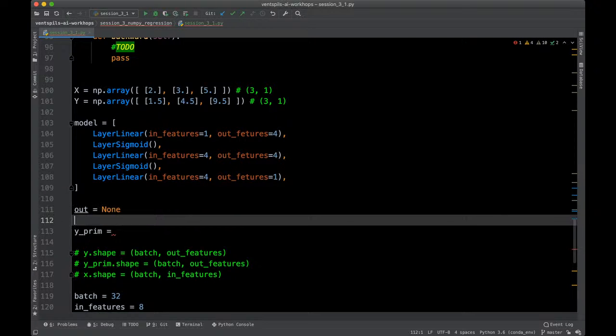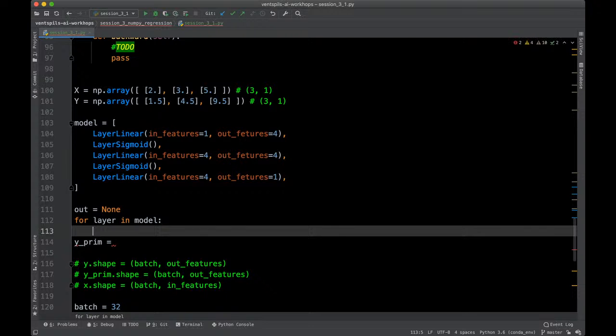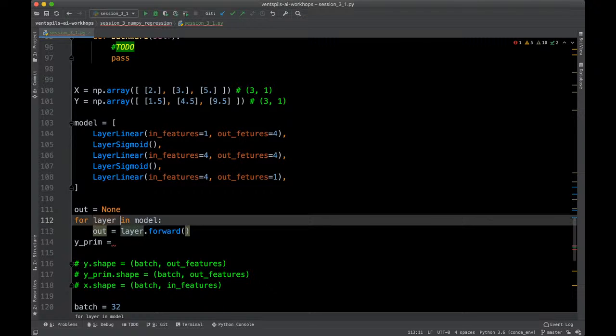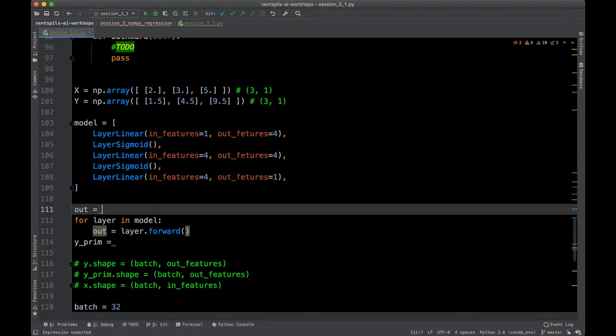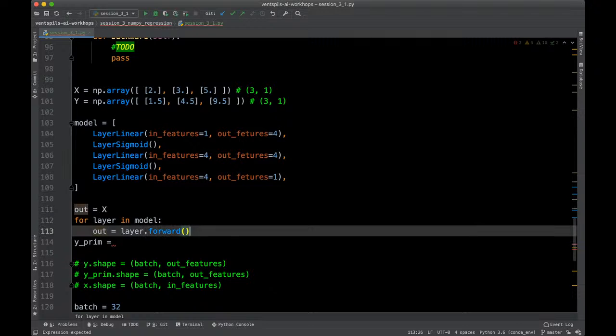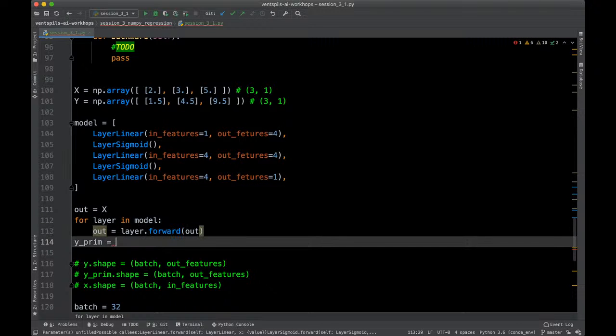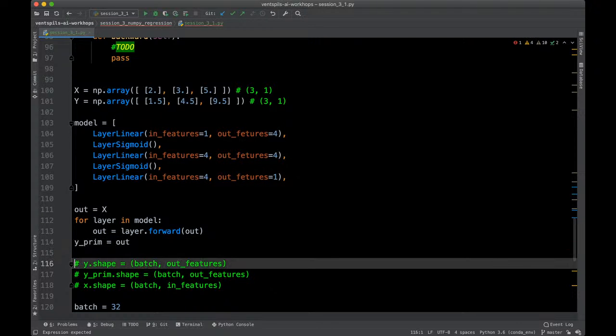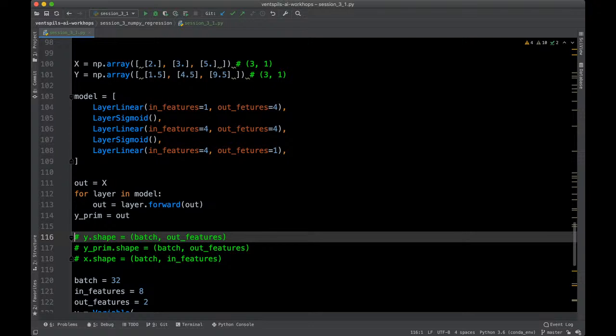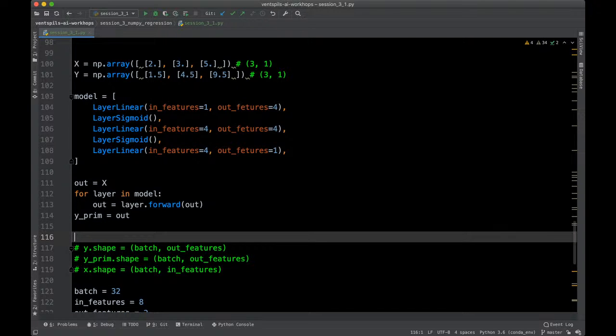Let's say for layer in model, and we'll call layer forward. So this is going to be the out, and in the first case, this is going to be x, right? Like that, out, and here's the out. So that's how we go through all of the functions step by step, right?